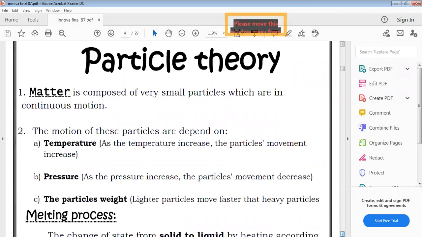What about the temperature? How does the temperature affect the motion of these particles? Temperature is when it's heating or cooling, right? Heat is an energy. So when someone has energy, will they move faster or slower, Jana?